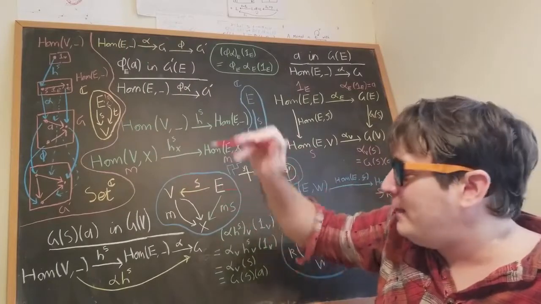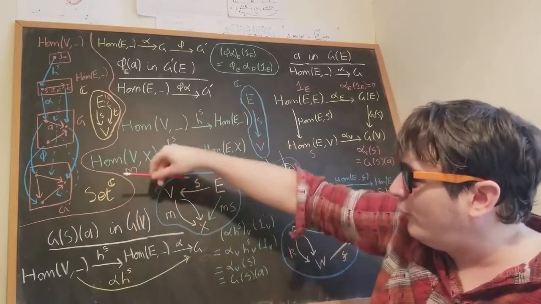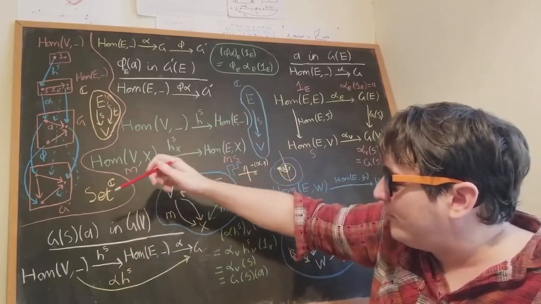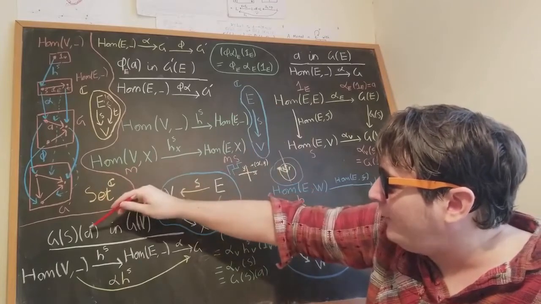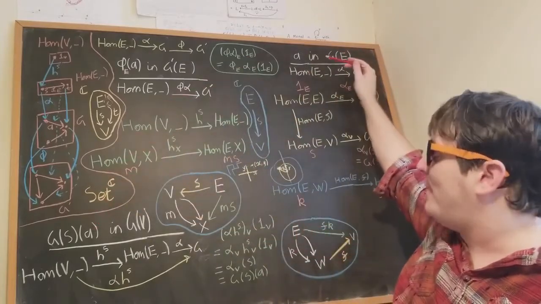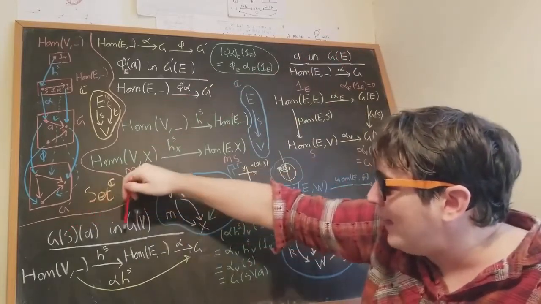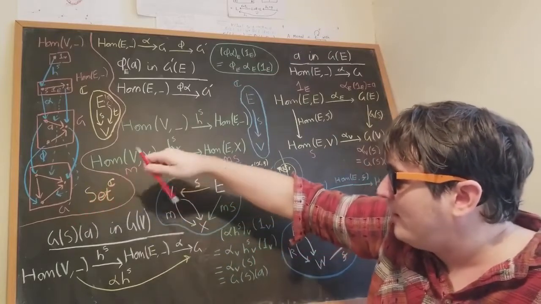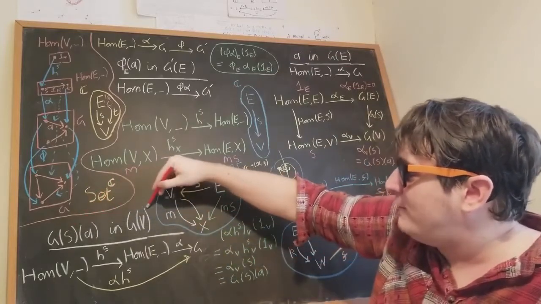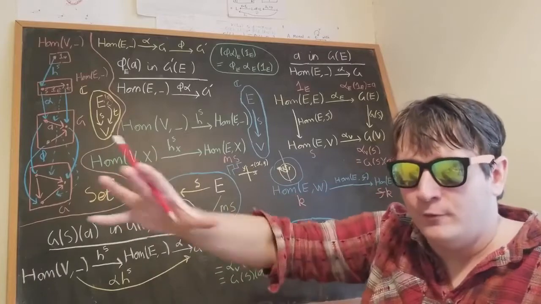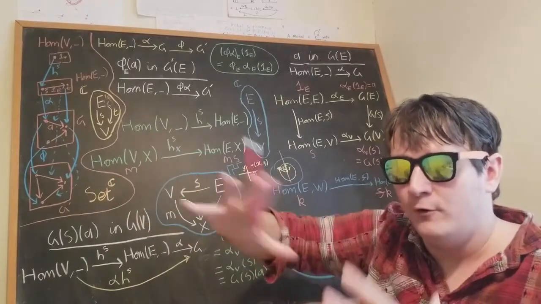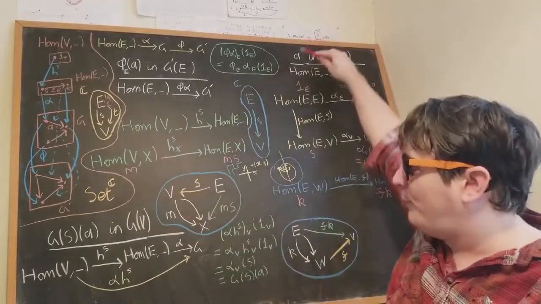Anyway, here's the fundamental correspondence. This thing we get by taking our E-type element and doing this S action on it, this G of S of A, is an element of G of V, but what arrow does this correspond with under our Yoneda correspondence?